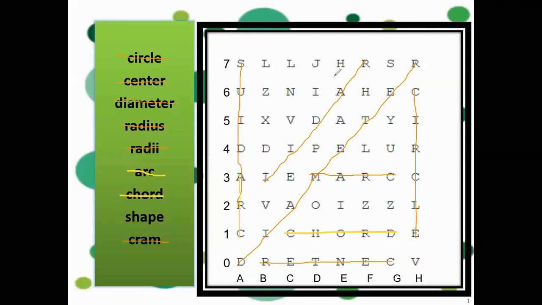Shape begins at G7 and ends at C3. Awesome. We have found all the words, all of our parts of the circle in the word search. Good job.